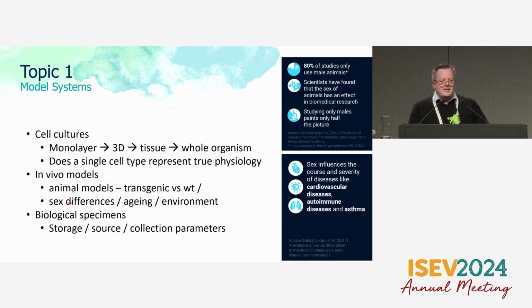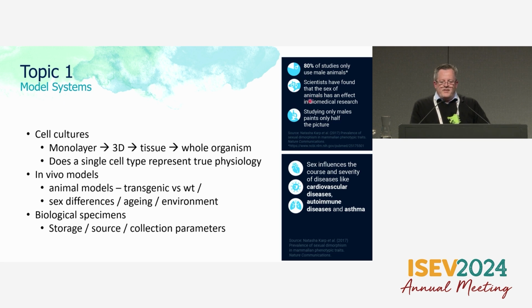And just in terms of sex differences, a number of funding agencies now are coming out with statements around using both sexes of animals in experiments to try and decide if there are sex differences or not. And there's some statistics over here. This is from a few years ago, that 80% of studies in mice only use male animals.